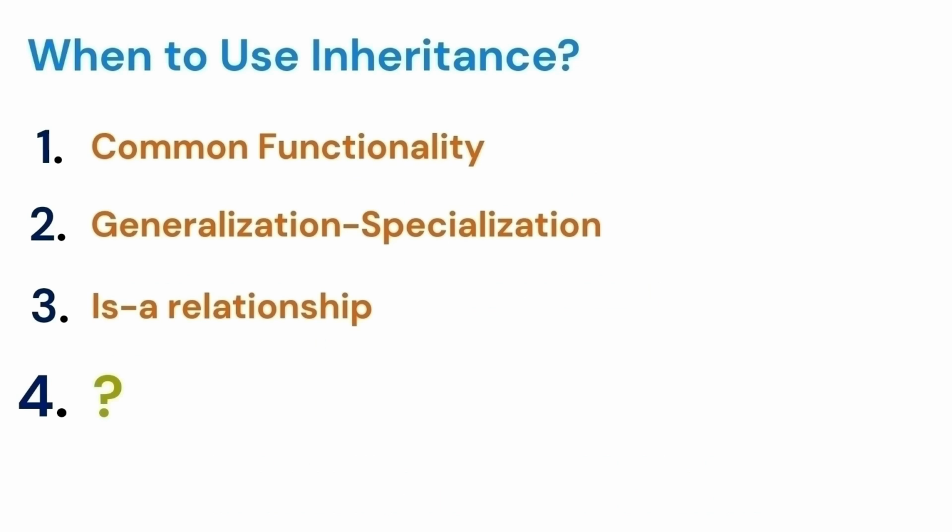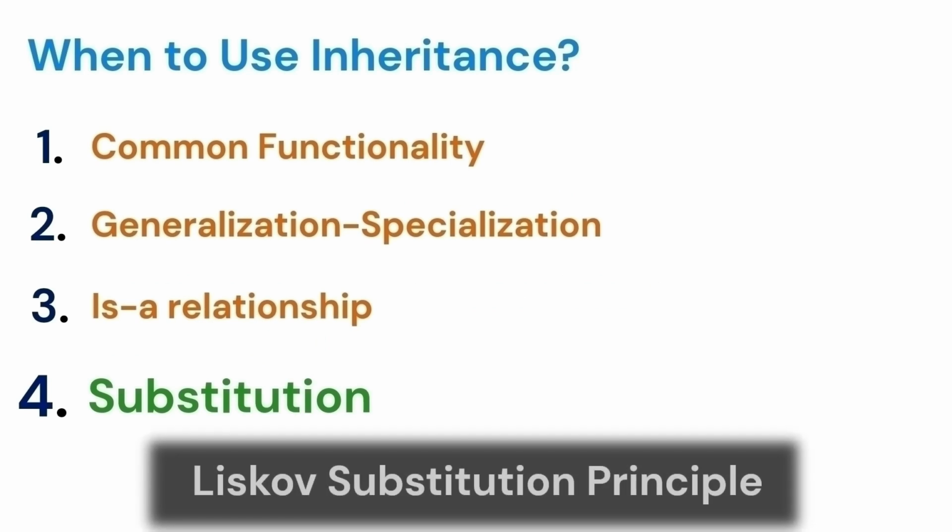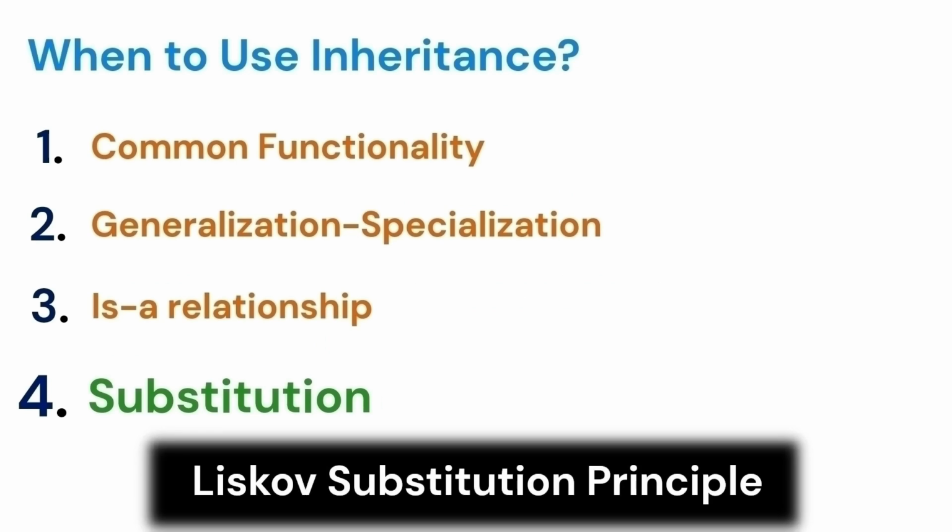Therefore, relying solely on is-a relationship and other criteria listed here may not be the best approach to deciding inheritance. The correct criterion for deciding inheritance is substitution, meaning that a child class should be a proper substitute for a parent class, maintaining the integrity of the system. You will learn more about this in Liskov's substitution principle.